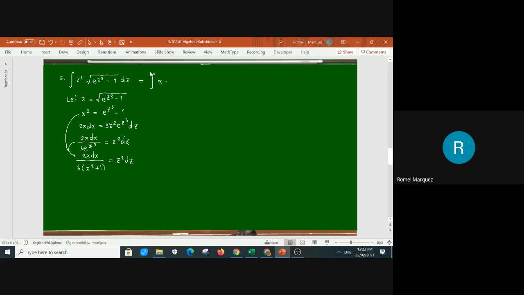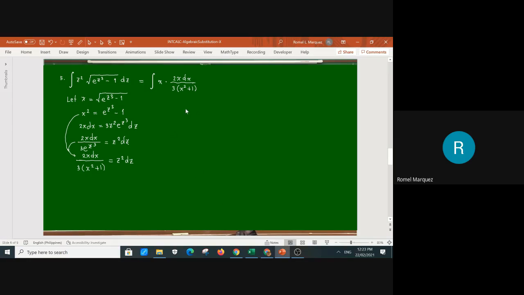Again, z squared dz is equal to 2x dx over 3 times x squared plus 1. So this integral is now in terms of x.